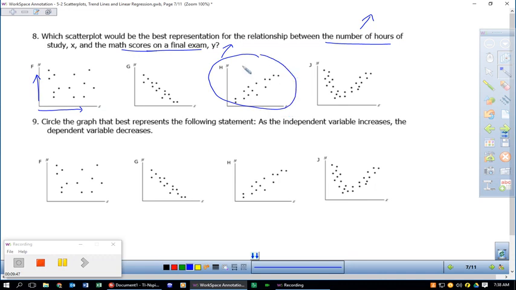So it is H. The more you study, the better your grades are going to be. And then our next one says, as the independent variable, the x, increases, then the dependent variable, the y, decreases. So as we go from left to right, our graph is going down, which is going to be G.